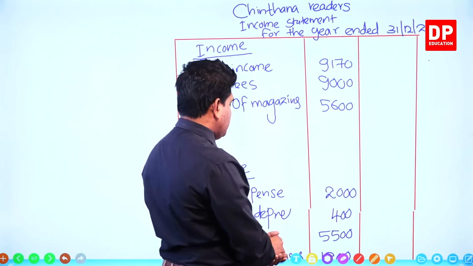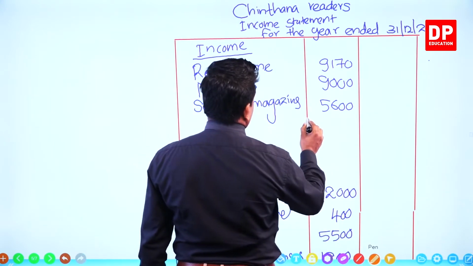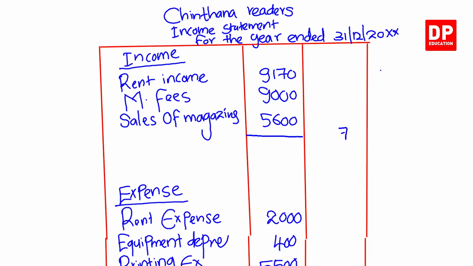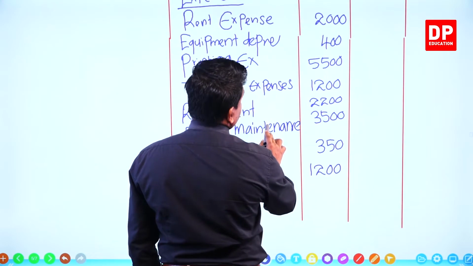Okay, now we get the totals. Total income you take now. How much? 23,770. Now you go to the expenses.